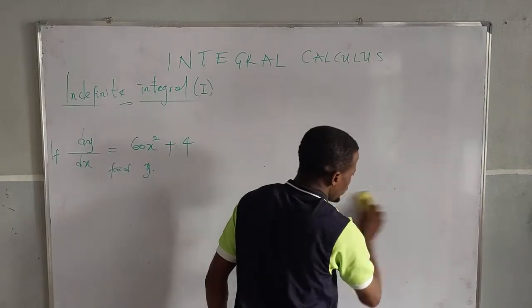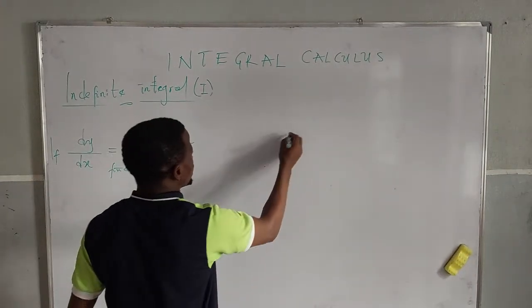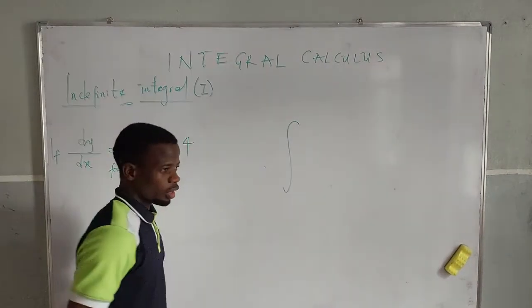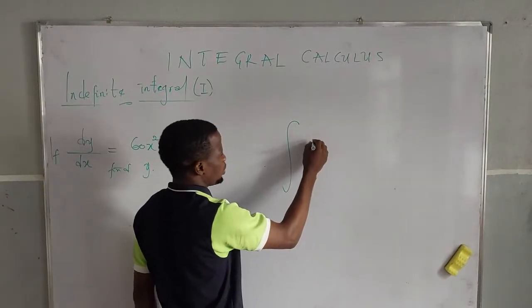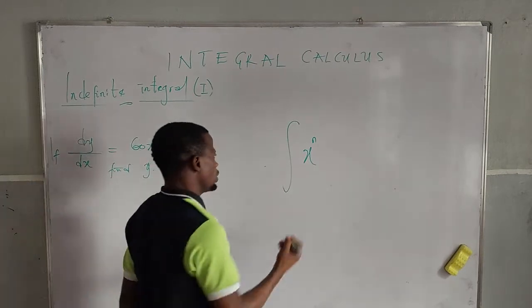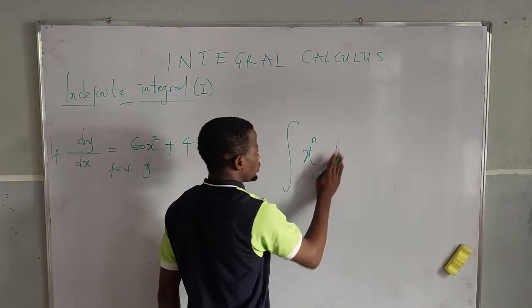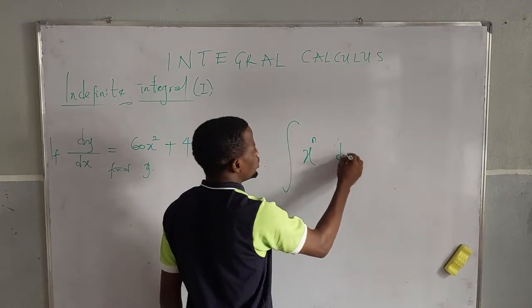The symbol for integration is this. Generally we integrate something, say x raised to the power n, which is a function.